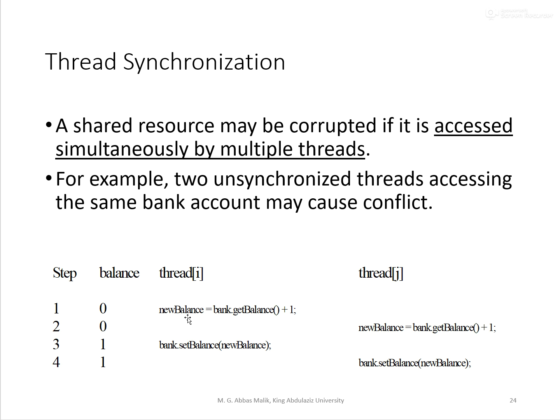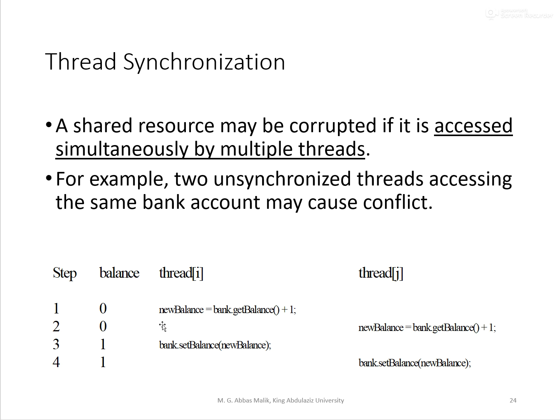Now, if we're doing this in a single-threaded program, there's obviously no problem. But let's say we can have multiple threads of this method that updates the balance of the account.